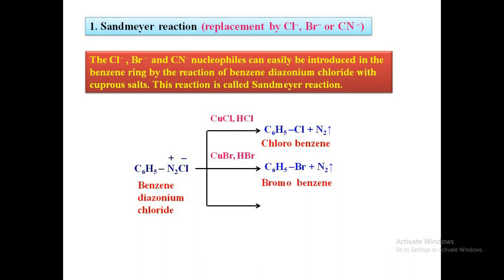In the third case, if benzene diazonium chloride is reacted with cuprous cyanide in the presence of potassium cyanide, cyanobenzene is formed. In all three reactions, it is clearly observed that the diazonium group from benzene diazonium chloride is replaced by chloride, bromide and nitrile to form the respective products.